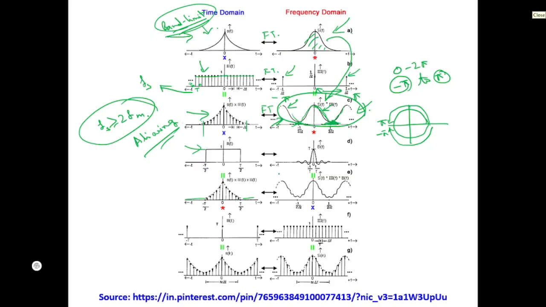Okay. Now similarly, if you get the Fourier transform of this one, again this is a discrete time signal and you get a continuous signal. Now what you have to do is the convolution in the time domain, because we are getting this impulse train in the frequency domain, right?